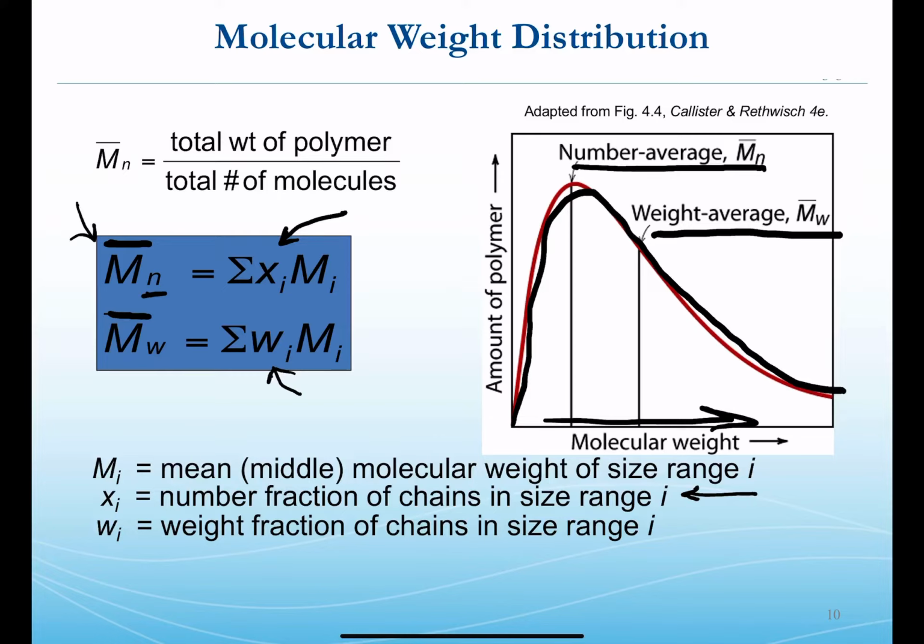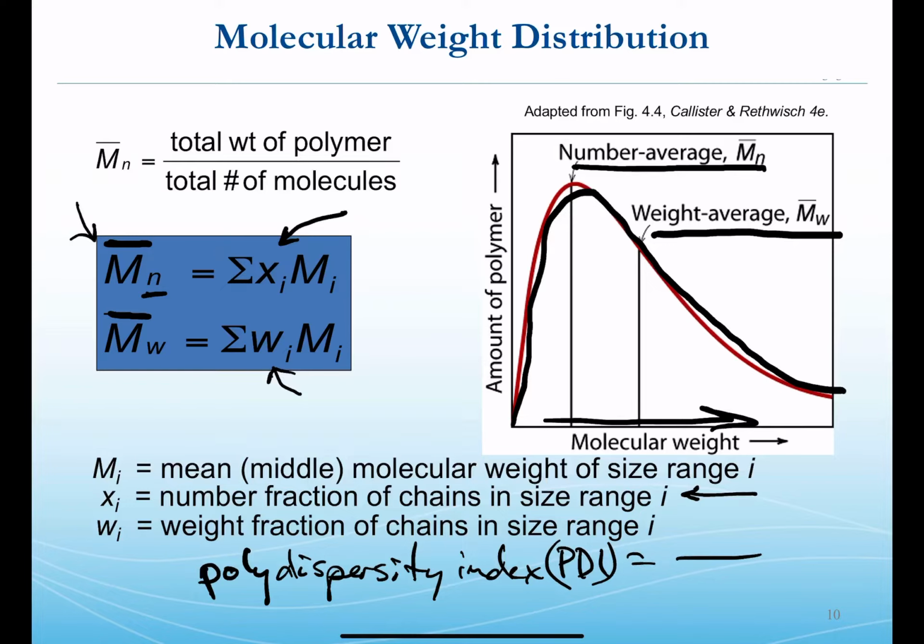There's also a parameter called the polydispersity index, PDI. And this is the fraction of the two. We're going to put the larger number on top, so it is Mw average divided by Mn average. And this value is always going to be greater than 1, given that we know that Mw is always larger than Mn.